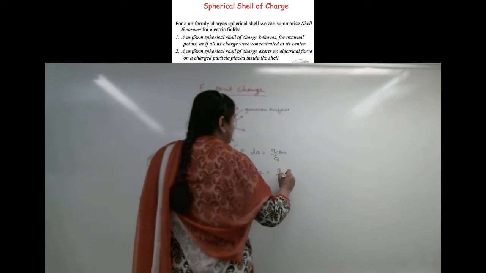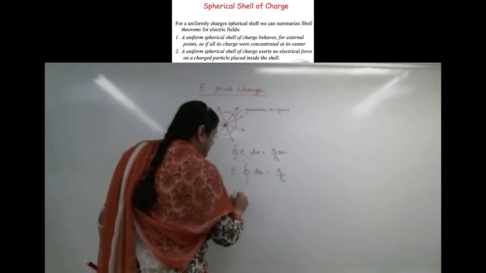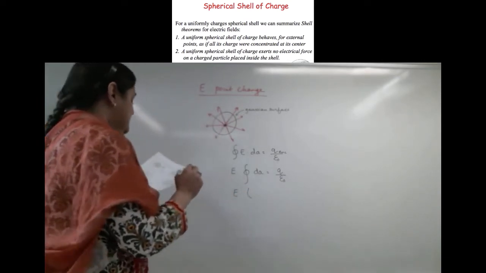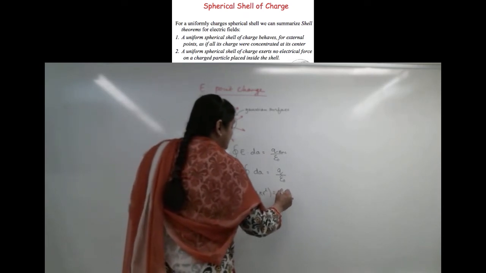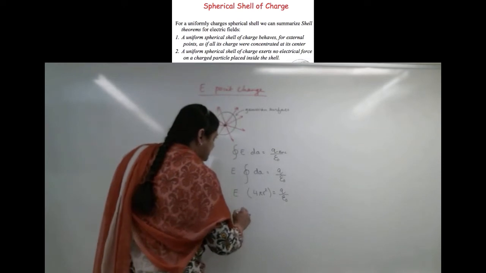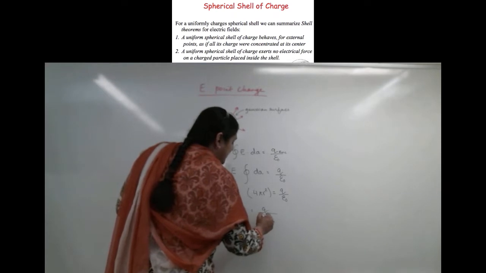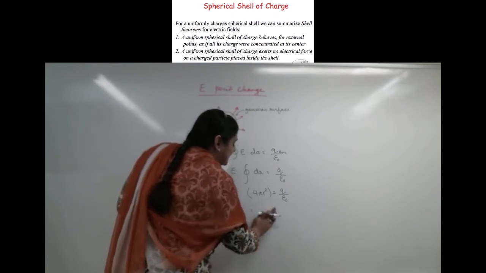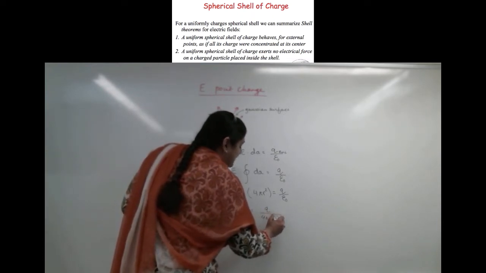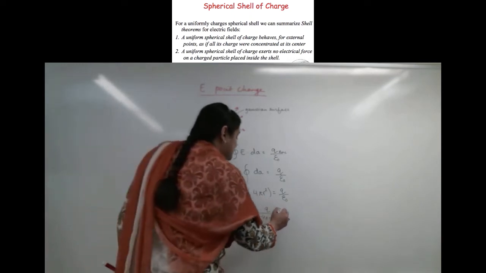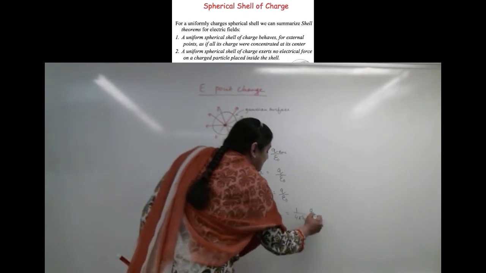In this case, the area is 4 pi r squared, so E times 4 pi r squared equals Q over epsilon naught. So E will be Q over 4 pi r squared epsilon naught, or I could rearrange it as 1 over 4 pi epsilon naught times Q over r squared.